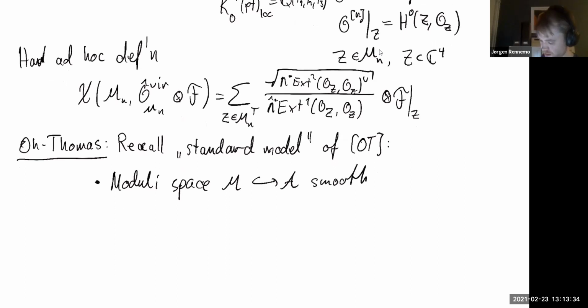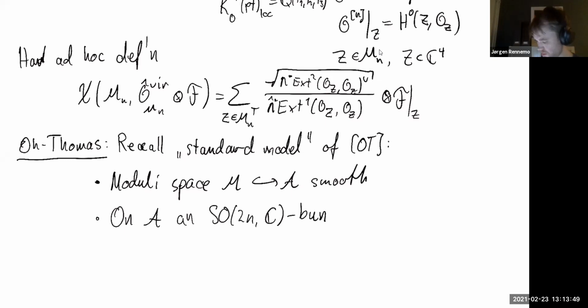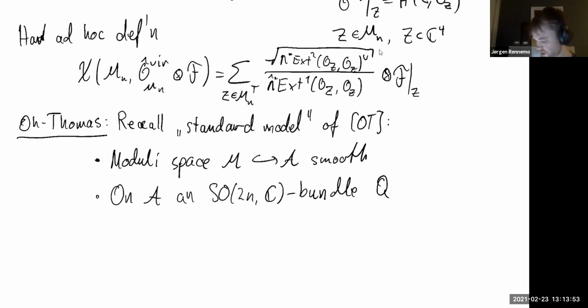And then on A, you have an SO(2n) bundle Q, which we want to think of as a vector bundle with a quadratic form.